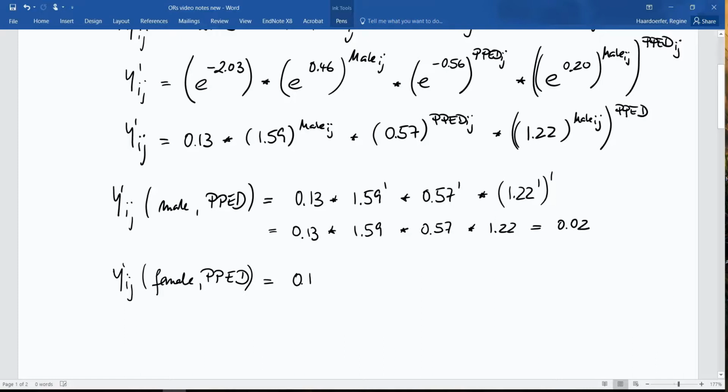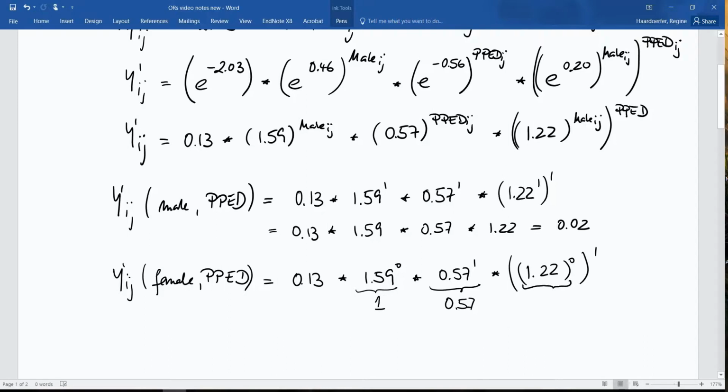So it would be 0.13 times 1.59 to the power of 0 times 0.57 to the power of 1 times 1.22 to the power of 0 to the power of 1. So this is 1, this is 0.57, and this in here is 1, which means the total thing is 1.